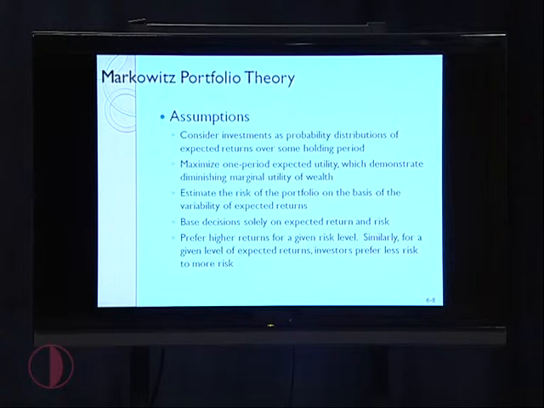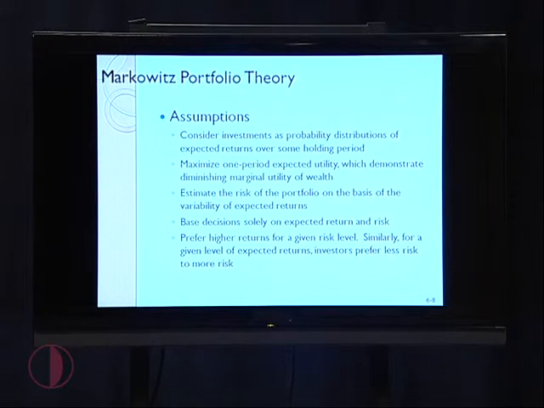The main assumptions of Markowitz portfolio theory. First assumption: the investor considers the probability distribution of the expected rate of return over some holding period, such as 6 months. If I have 3 assets, I need to estimate the expected rate of return for some holding period like 6 months.